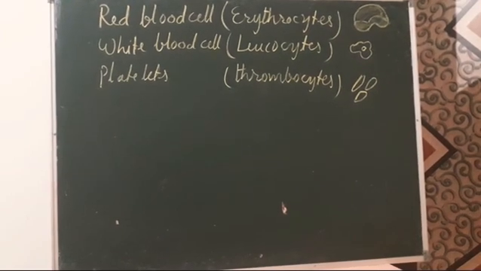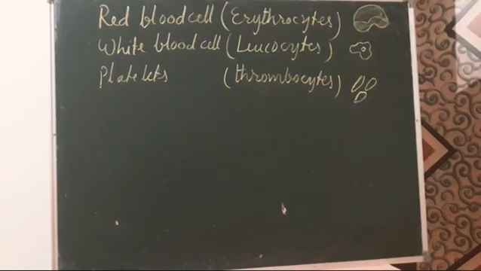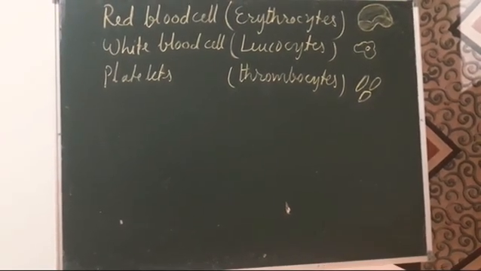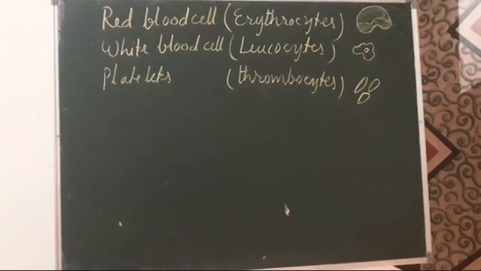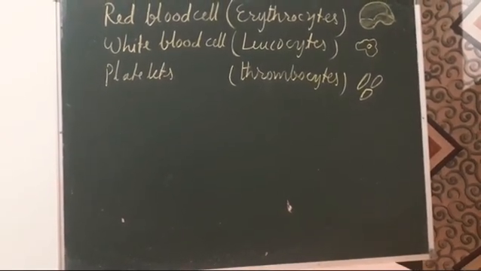Hemoglobin is formed of an iron-containing part and protein. Iron is hemin and protein is globin. That's why it is hemoglobin.